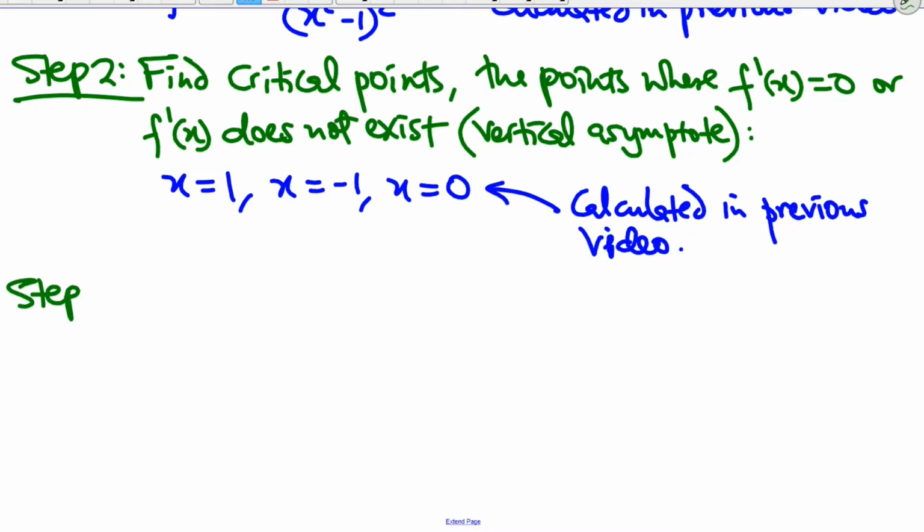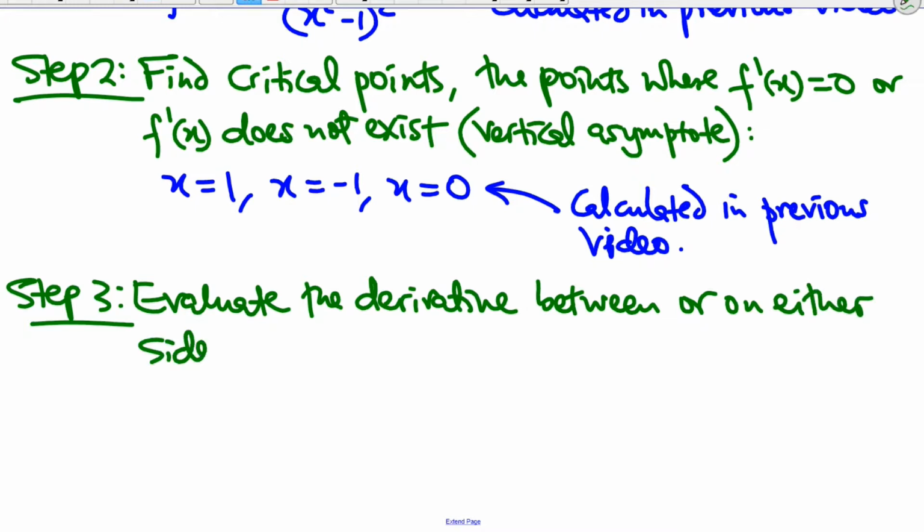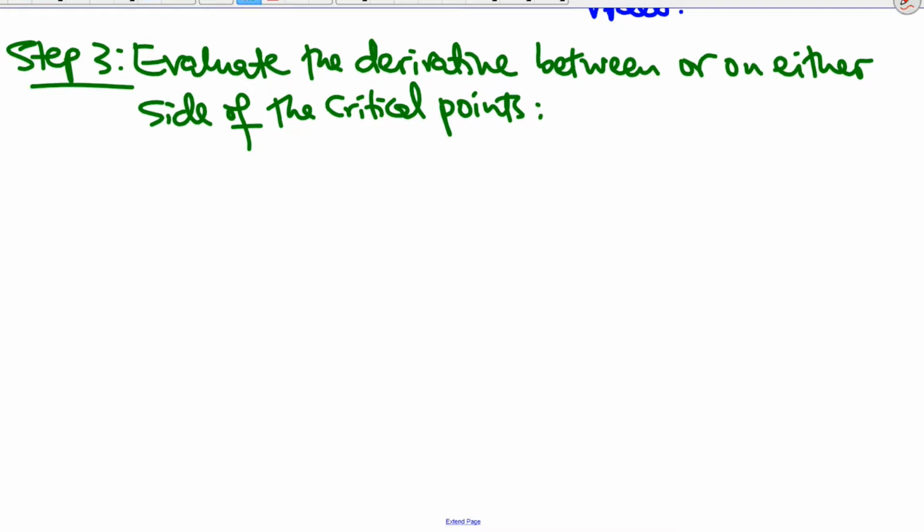So step 3, evaluate the derivative between or on either side of the critical points. What that means is we need to draw a sign diagram for these guys here.